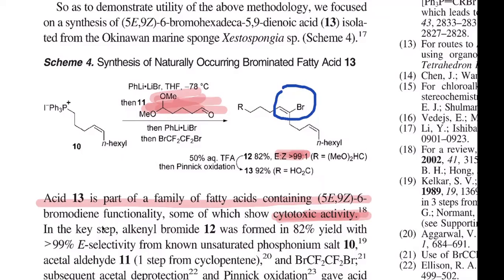That's how you get money. You stick that in a grant somewhere that we're making these compounds with biological activity. So that's the purpose of saying that. But the actual fatty acid is a natural product, and what they did was they took their method and applied it to that natural product.